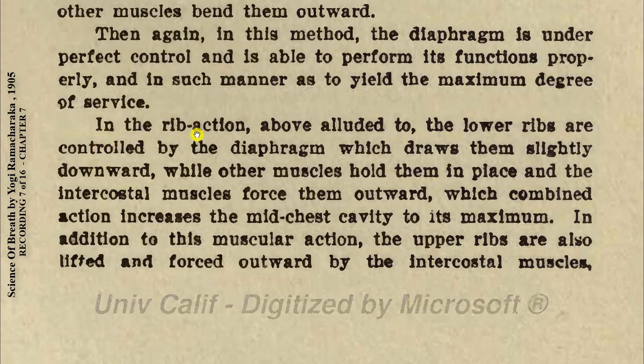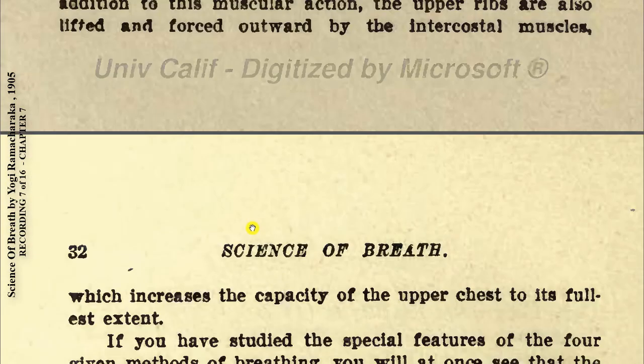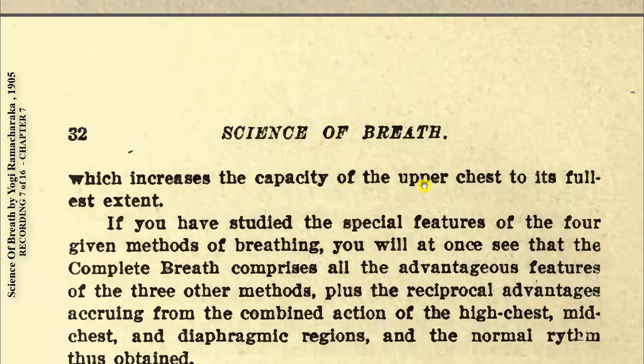In the rib action, above alluded to, the lower ribs are controlled by the diaphragm, which draws them slightly downward, while other muscles hold them in place and the intercostal muscles force them outward, which combined action increases the mid-chest cavity to its maximum. In addition to this muscular action, the upper ribs are also lifted and forced outward by the intercostal muscles, which increases the capacity of the upper chest to its fullest extent.